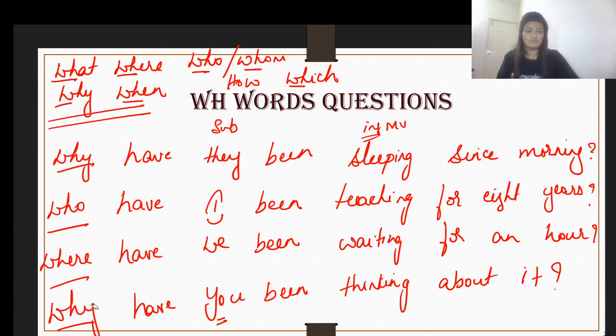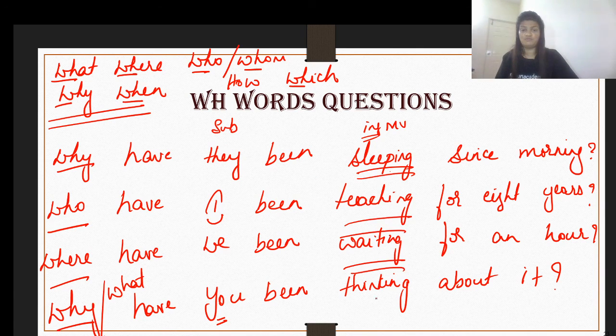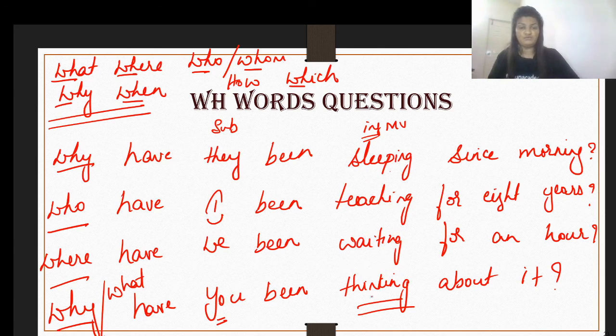Or you can also say here, instead of why, you can also bring in what. And you can ask the question like, what have you been thinking about? So referring to the actions which started way back in the past and still going on because of the introduction of the ing verb, which tells us that the action is still going on. So this is how you frame your WH question words.